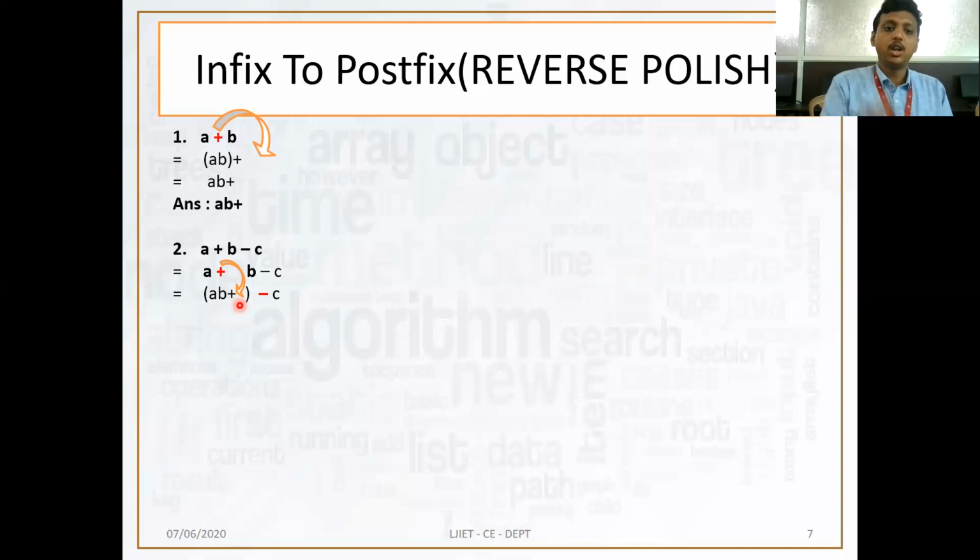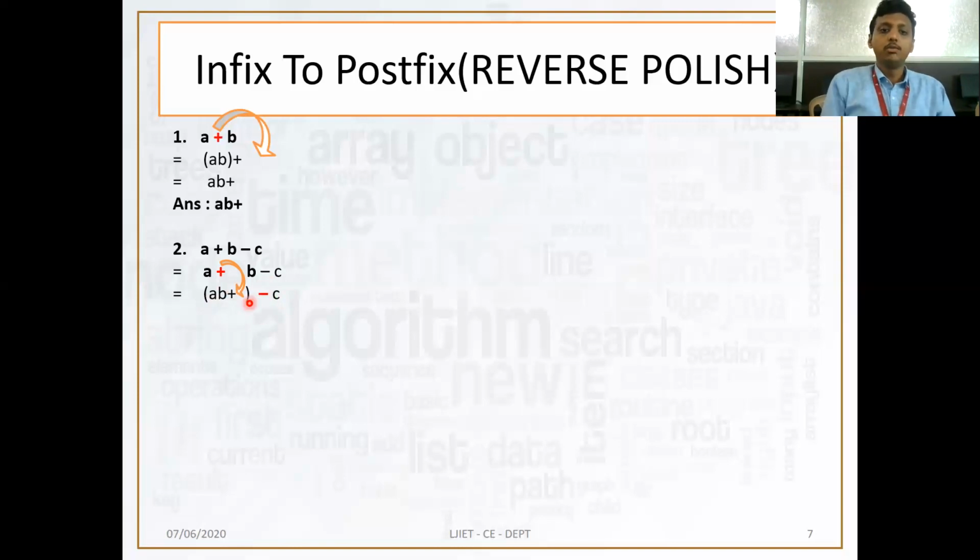Now, what is the remaining expression? AB plus becomes a whole operand. Another operand is C, and between them there is a minus sign.